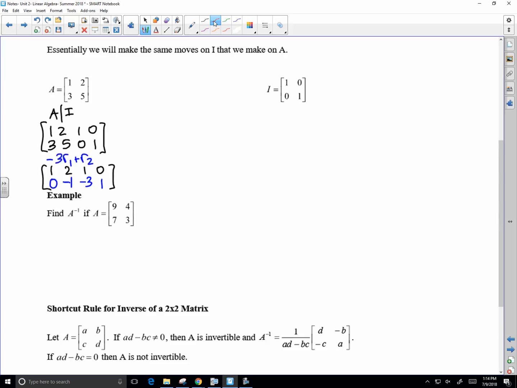And then we'll do, let's see here, a 2R2 plus R1. Oh, I want to do that in red. So that would be negative 6 plus 1 is negative 5. 2.